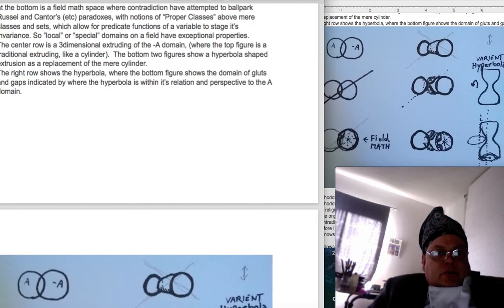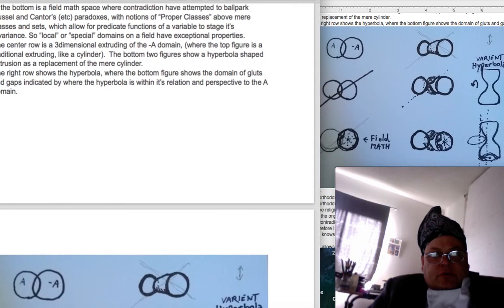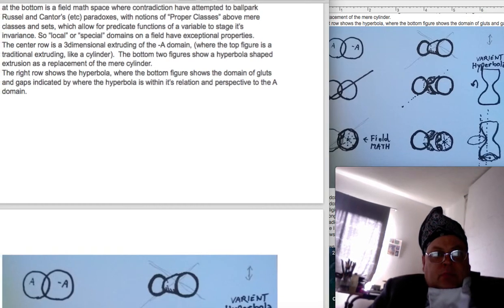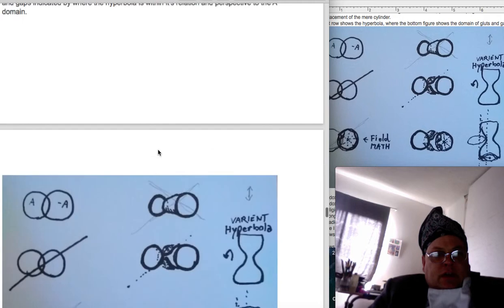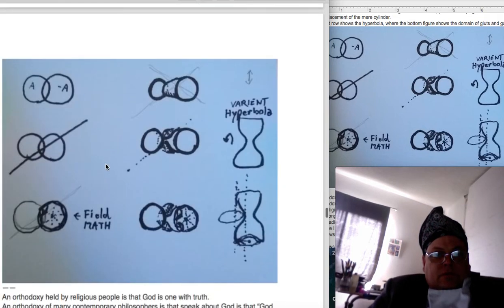The right row shows the hyperbola, where the bottom figure shows the domain of glut and gaps indicated, where the hyperbola is within its relational and perspective to the A domain. Here's the illustration.